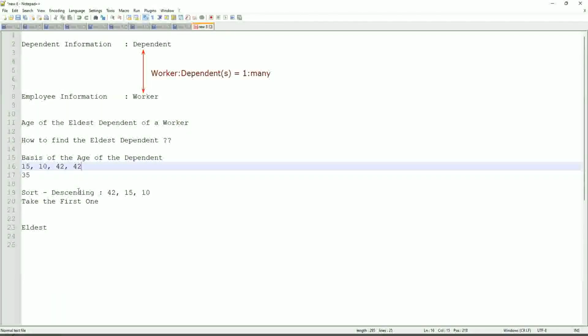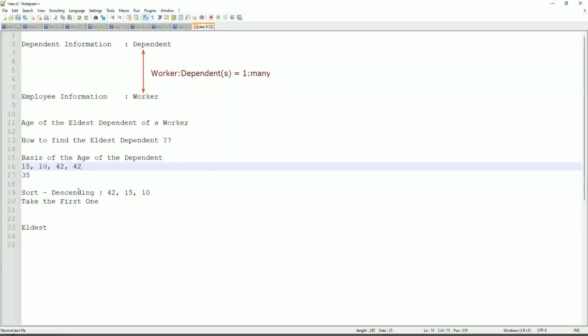But then we have to find out, is there any other way of matching or having a tie break? If there's a tie, then how to break the tie? Then we have to think of some other logic, of course. Is it based on the name or maybe the relationship?